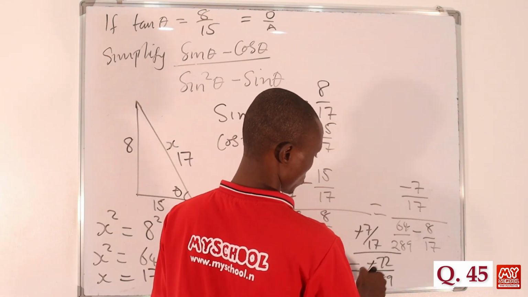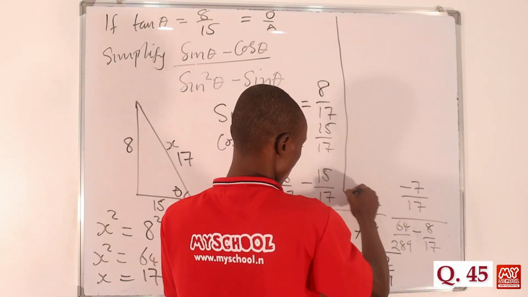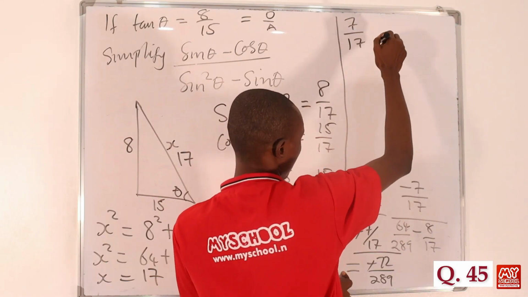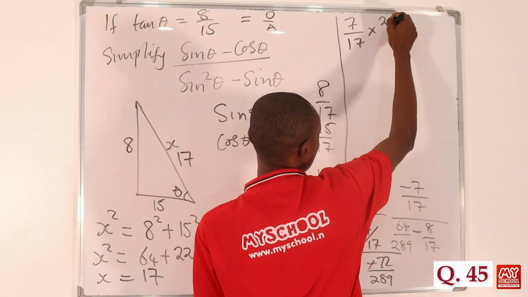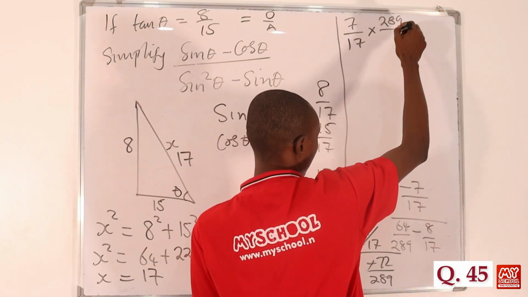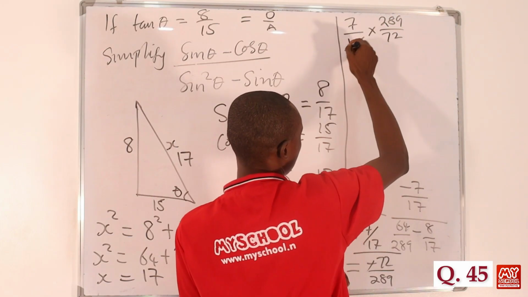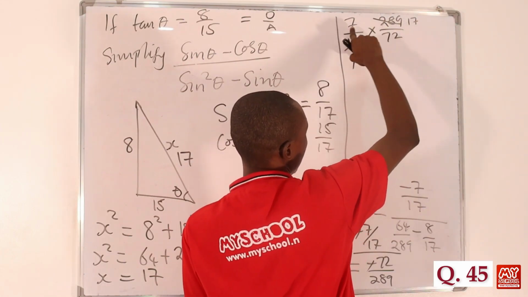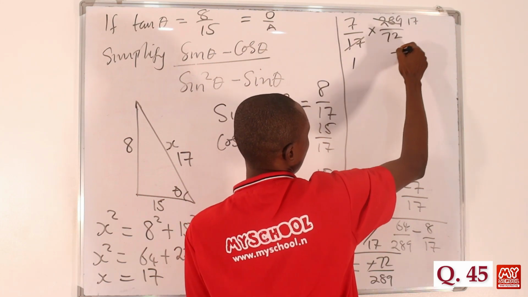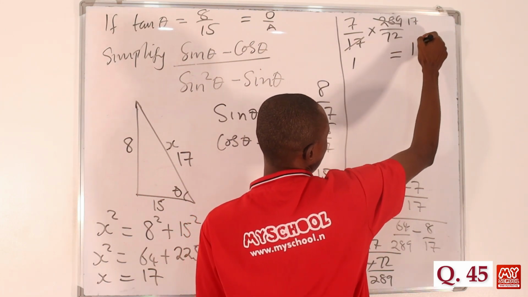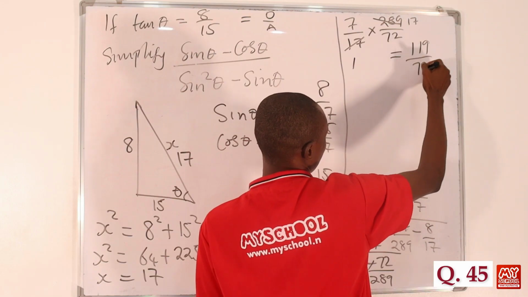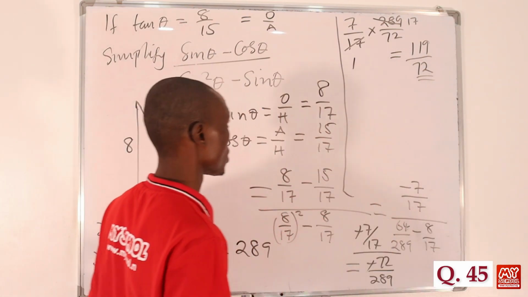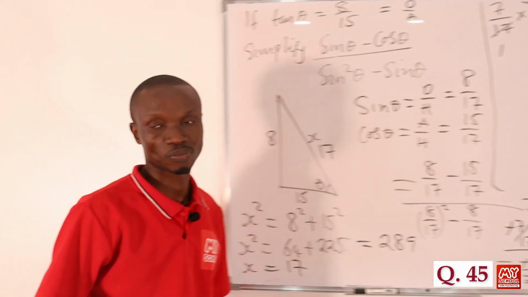The minus signs cancel, so we have 7 over 17 times 289 all over 72. 17 here is 1 and 289 over 17 gives us 17. So 7 times 17 will be equal to 119 all over 72.